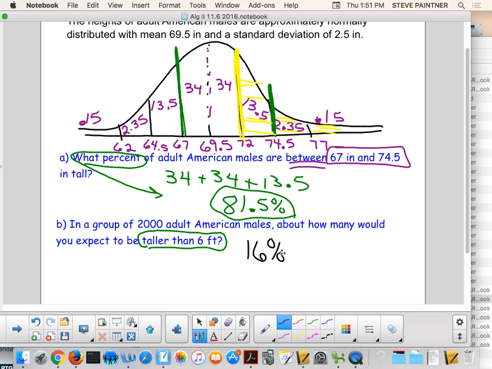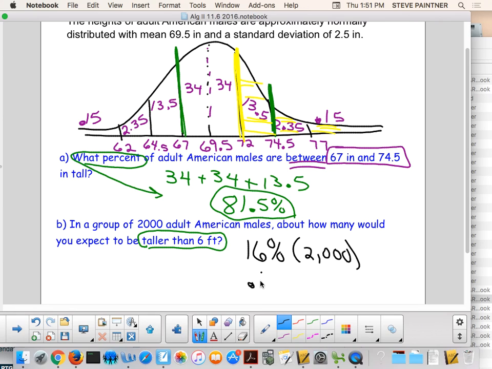But that wasn't the question. The question is, how many of the 2,000 would you expect to be 6 feet or better? Well, would it be this times what? That many people in the study? Of course, you're not going to punch in 16, I hope. You're going to punch in 0.16.